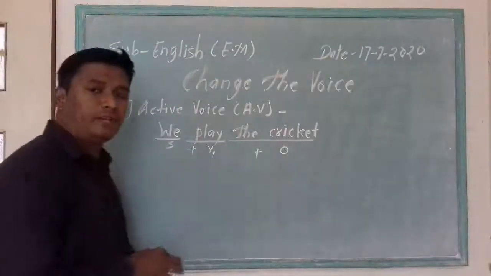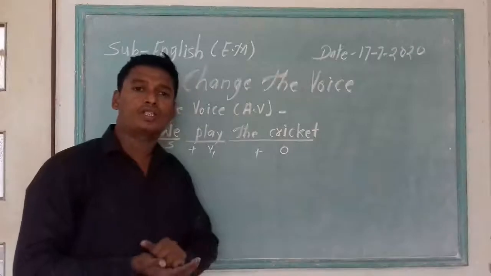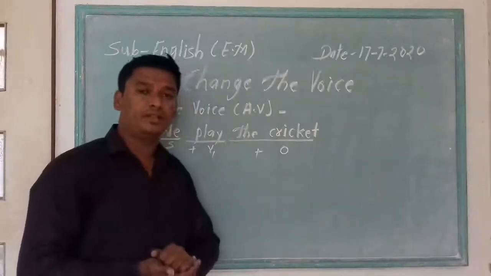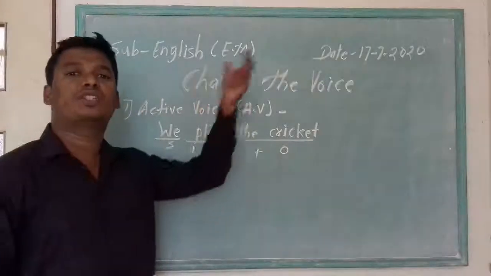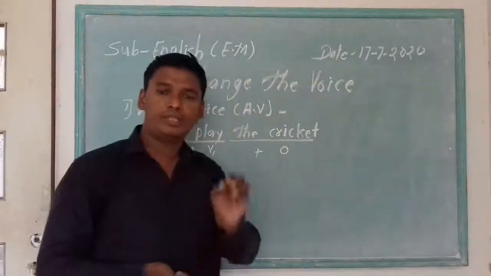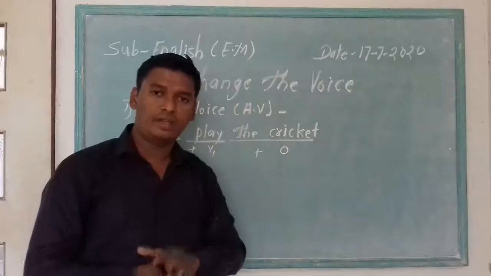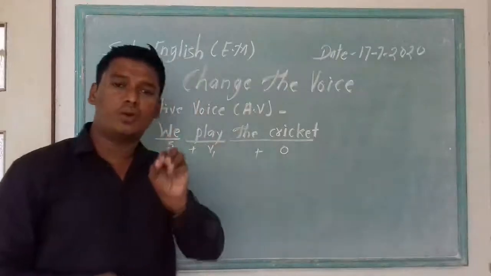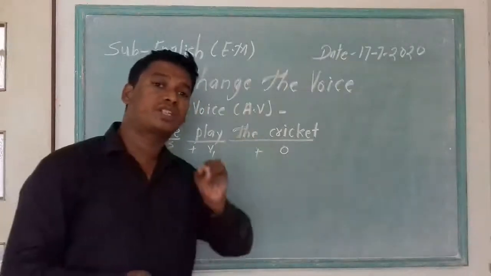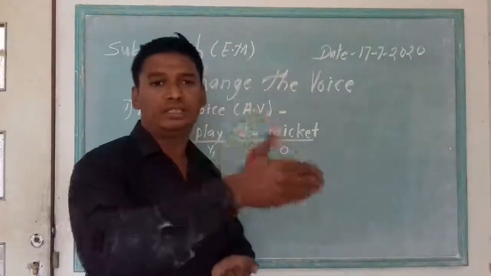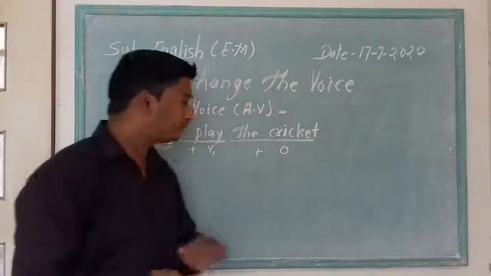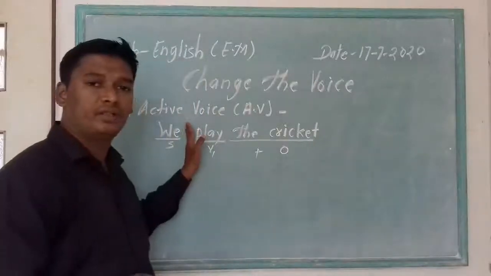Look, active voice sentences always start with the subject. Such subject which does the action in this sentence, means the doer of action. Active voice sentences always start with such subject which does the action in that sentence. So that is active voice.